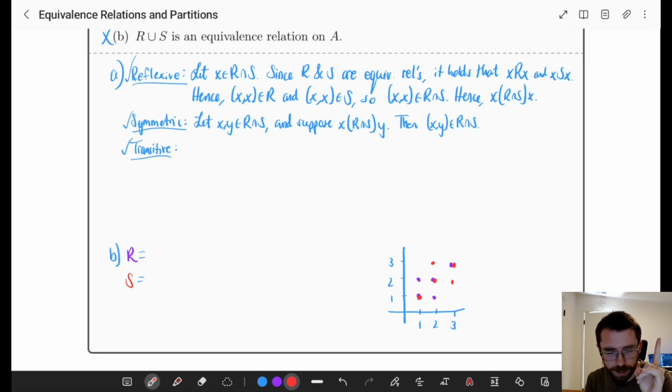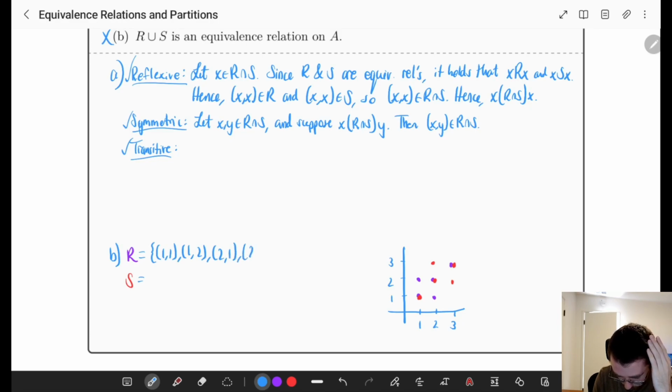Now the question is, is the union transitive? So let me write these down. R looks like it's the set of ordered pairs (1,1), (1,2), (2,1), (2,2), and don't forget (3,3).